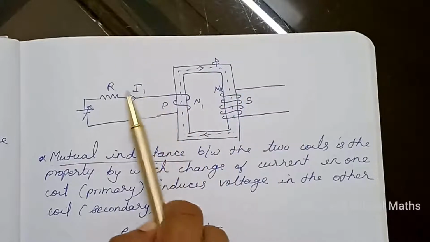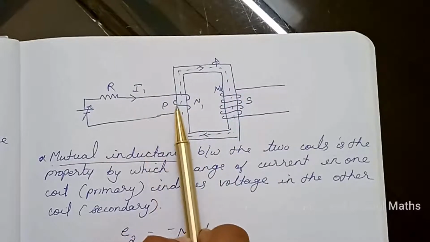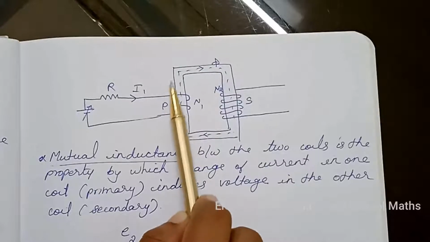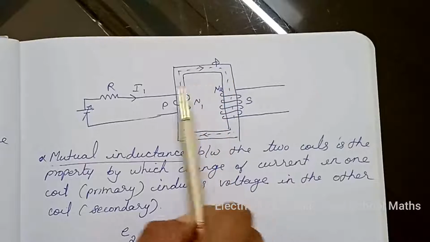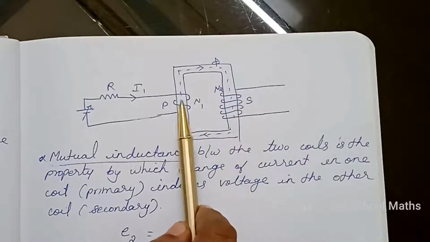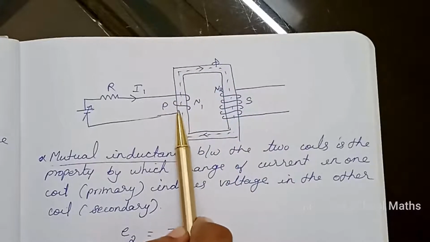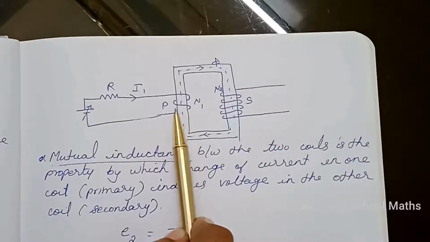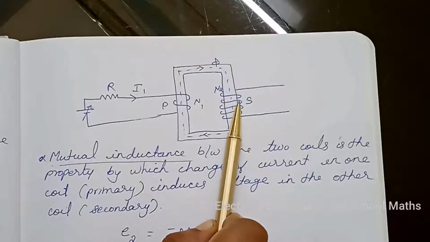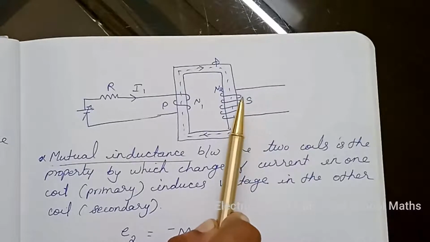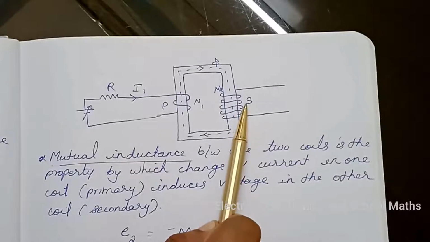Any change in current I1 of coil P causes the change in flux to link with both the coils. The EMF induced in coil P forms the self-induced EMF, while the EMF induced in coil S forms the mutually induced EMF.